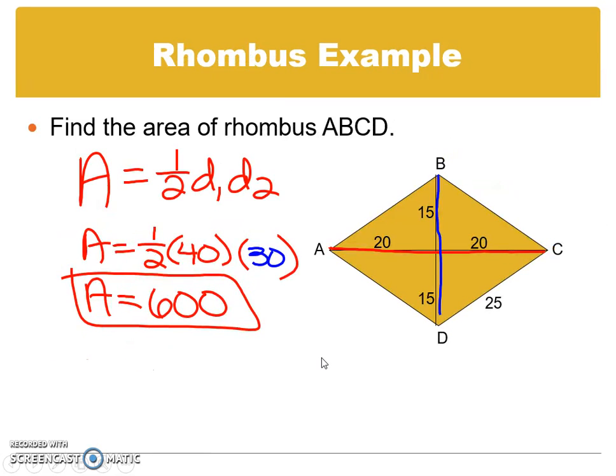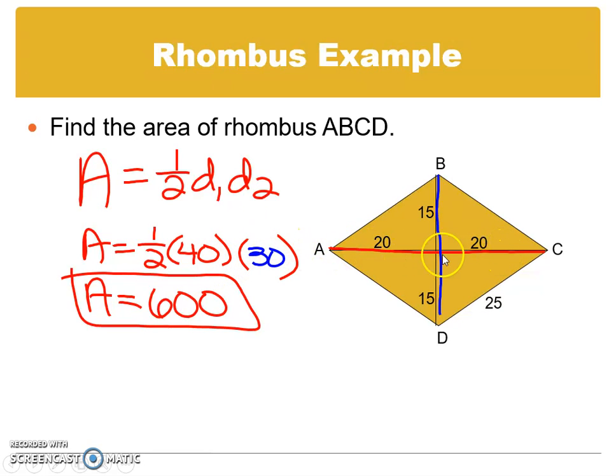Find the area of the rhombus ABCD. So please write this. This is a new area formula that we haven't seen before. So area of a rhombus is half times diagonal 1 times diagonal 2. D1 means diagonal 1, D2 means diagonal 2. Half of diagonal 1 is 20, and 20 from here to here is 40.